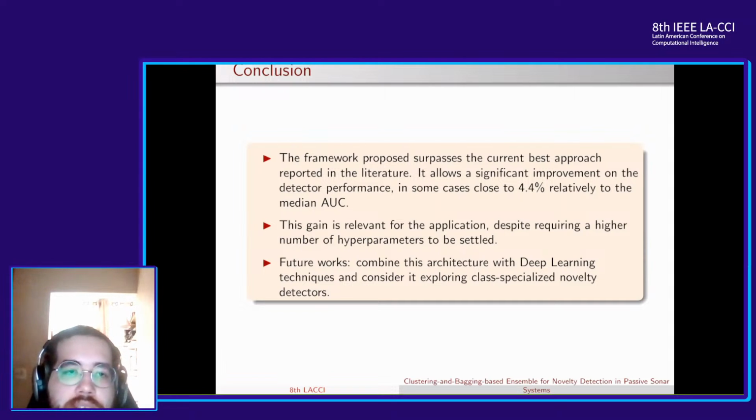We must highlight that such gain is relevant for the application despite requiring the setting of a higher number of parameters in the design phase. In future work, we intend to combine these architectures with deep learning techniques such as convolutional neural networks, as well as consider this technique for specialized detectors over classes, specialized novelty detectors. And that is it. Thank you for your attention.